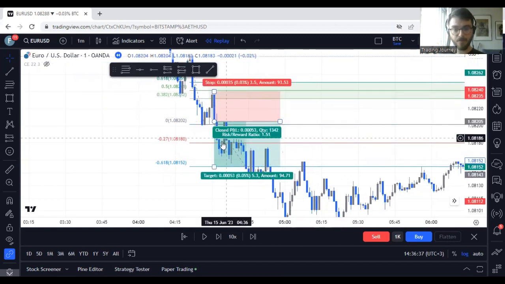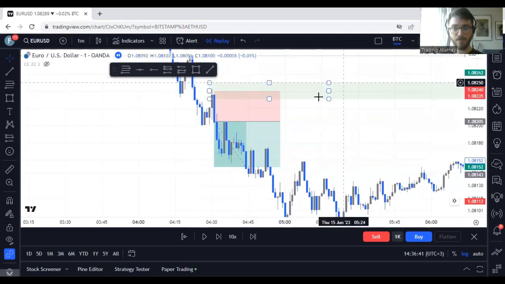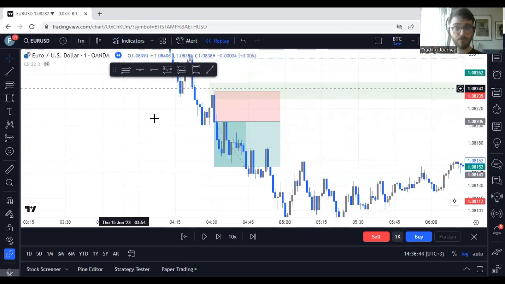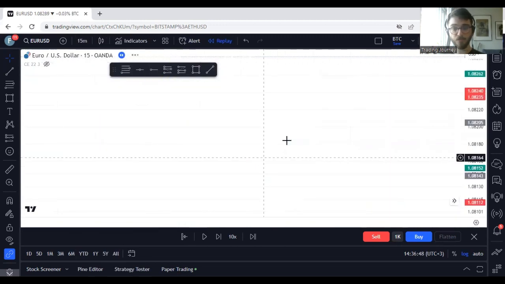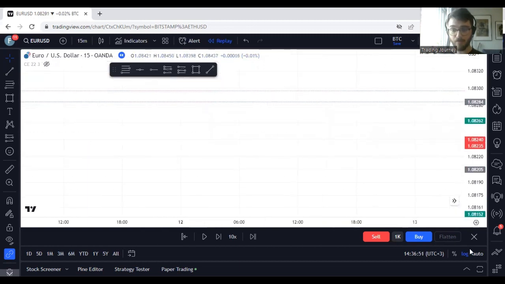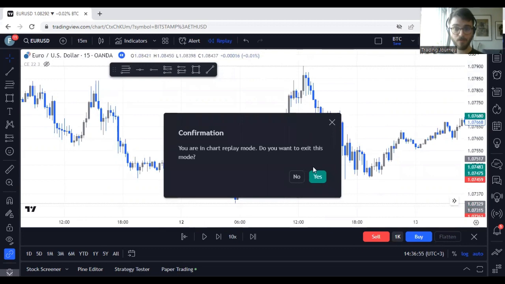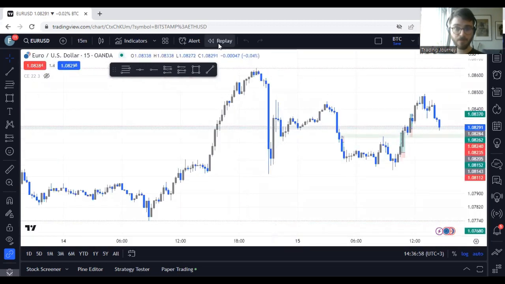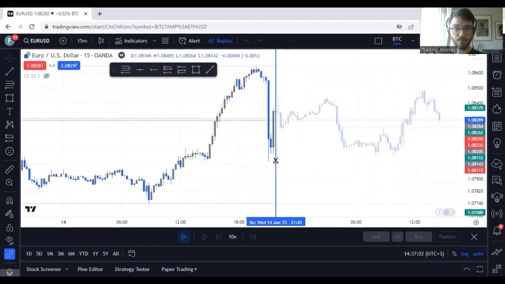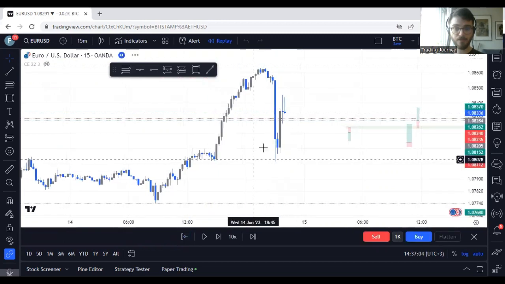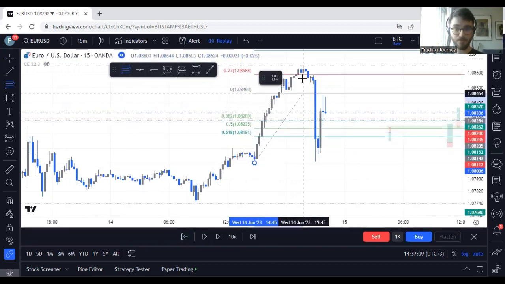And the last thing I want to show you is that fib levels are also something that work on all the time frames. So here we're on the 1 minute, but it can also be used to define a level that's interesting for the higher time frames. So for example, let's just go back to here, and we can see that there is a big level, and we have been retracing.